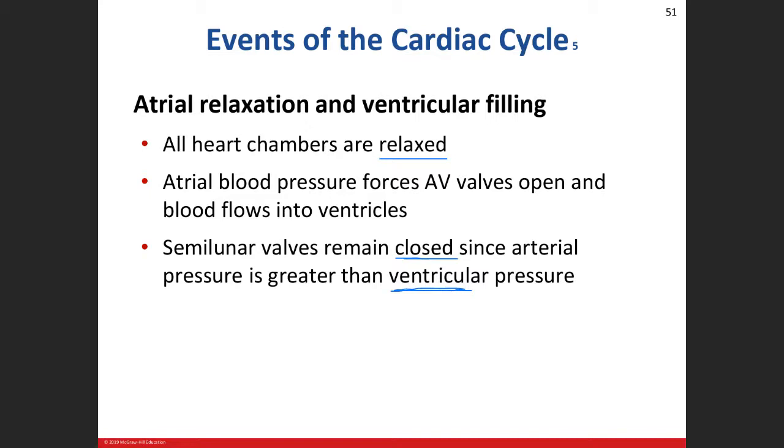But now the ventricles have relaxed so much, the pressure has become less in the ventricles than in the atria, and so that forces the AV valves to open up. Then the blood will flow into the atria and then down into the ventricles. That passive filling again.